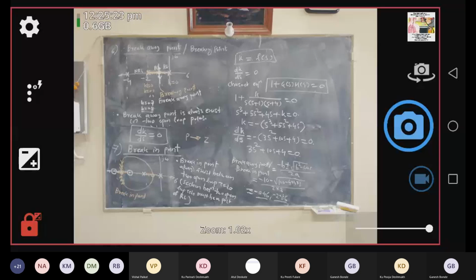It will be given by 180 plus the angle of G of s into H of s, or it will be given by 180 plus phi, where this phi will be given by summation of phi p minus summation of phi z. So this is the formula, and the angle of arrival applies when there is a presence of a complex zero in your transfer function.